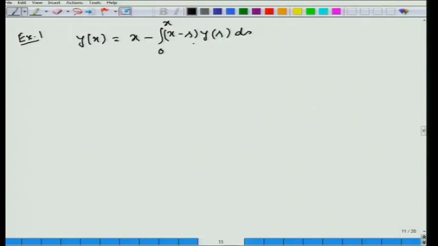Now, you can see that if we use the series solution method here, substituting the series, the sum over n from 0 to infinity of Cn s to the power n, we have to integrate integrals of the form 0 to x of (x minus s) ds, then 0 to x of (x minus s) multiplied by s ds. In general, that means 0 to x of (x minus s) multiplied by s to the power n ds.